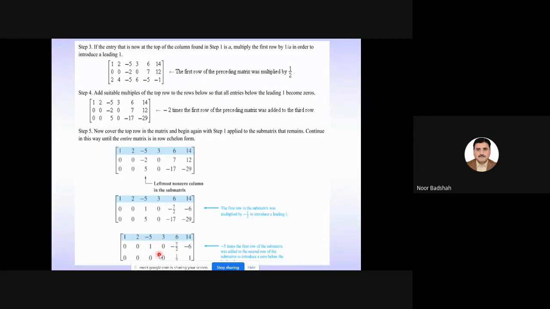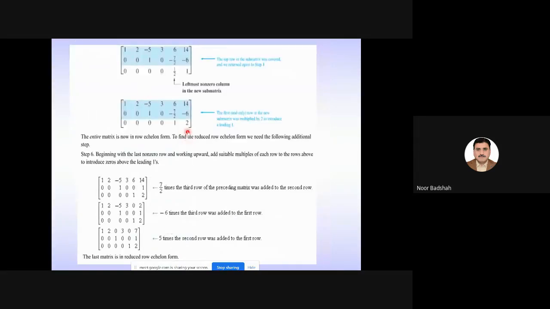To convert into reduced echelon form, what do we do? We simply make this one 0 and these two 0 as well. Okay, which is done. So that's all together in a reduced echelon form.